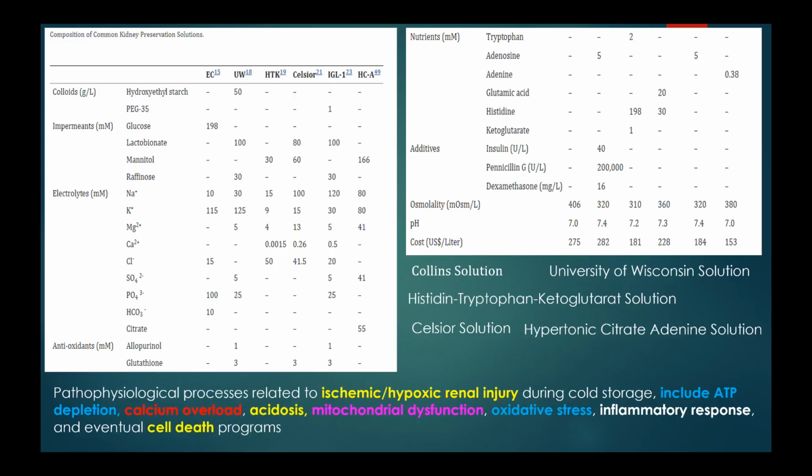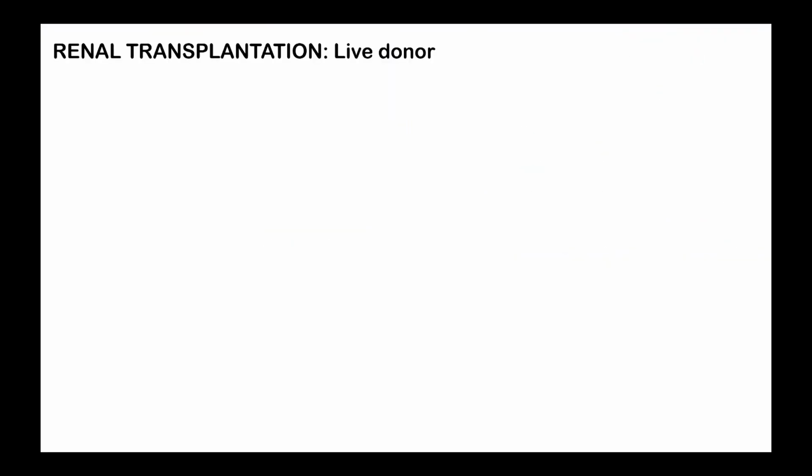These are the things that can happen during this ischemia. So, in order to prevent that, we give mannitol to the donor, so that these reactions are kept to a minimum.